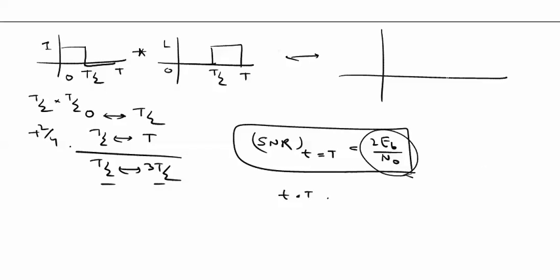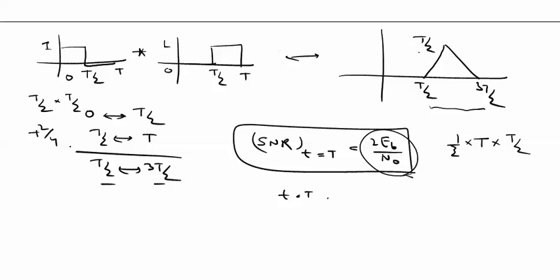Whatever exists here is a triangular pulse, because both are rectangular. So the area is T square by 4. To make T square by 4, with half into base into height, the height may be T by 2. If the height is T by 2, this expression is complete.